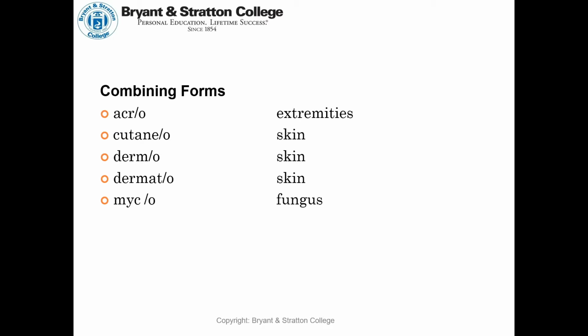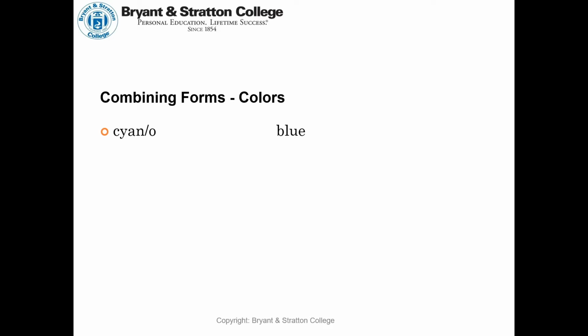All right. So acro is for extremities. Cutaneo is skin. Dermo, again, another term for skin. Dermato is skin. Myco is fungus, so like a fungal infection. Onycho is nail. Cyano, blue.